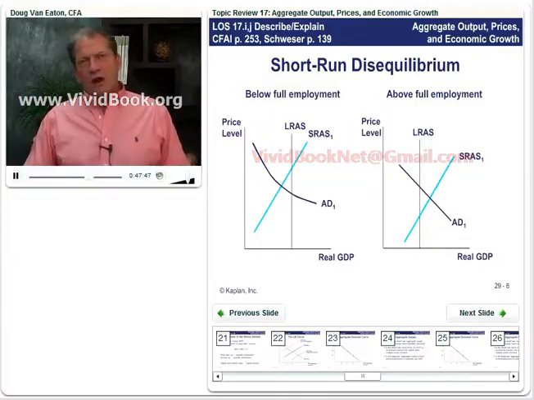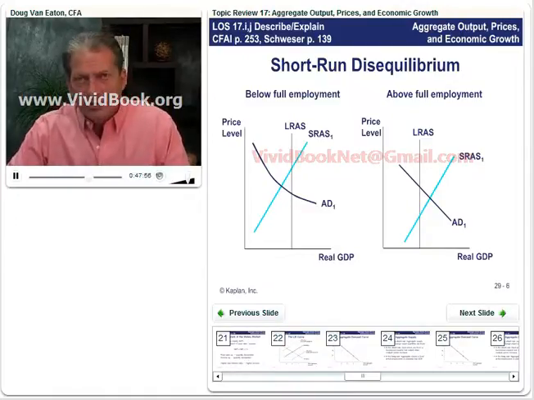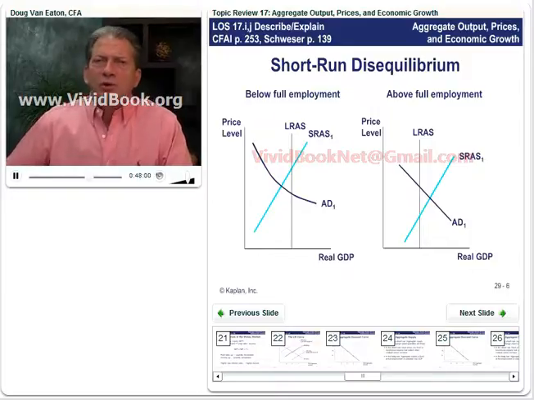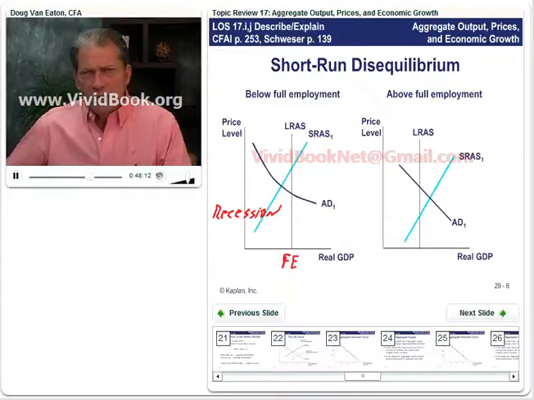Now let's show why we want this aggregate supply, aggregate demand curves here. And we're going to start out here with two short-run disequilibrium situations. In the first one, we're at below full employment. Think of this as being a recession, because we're under, let me put FE here, we're under full employment GDP for whatever reason.